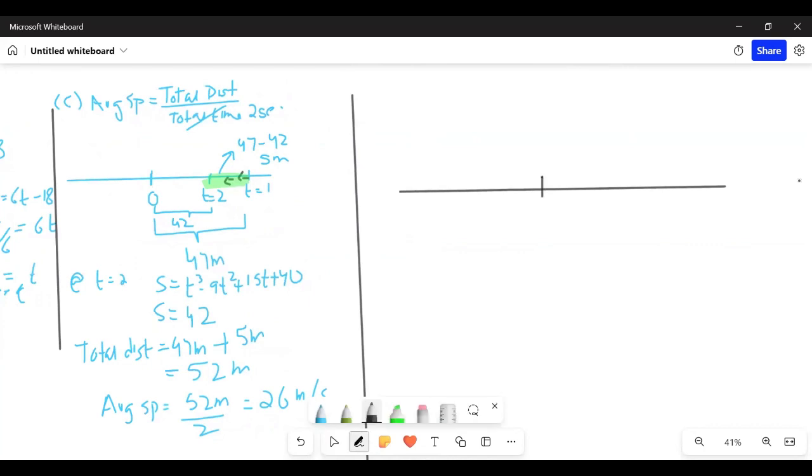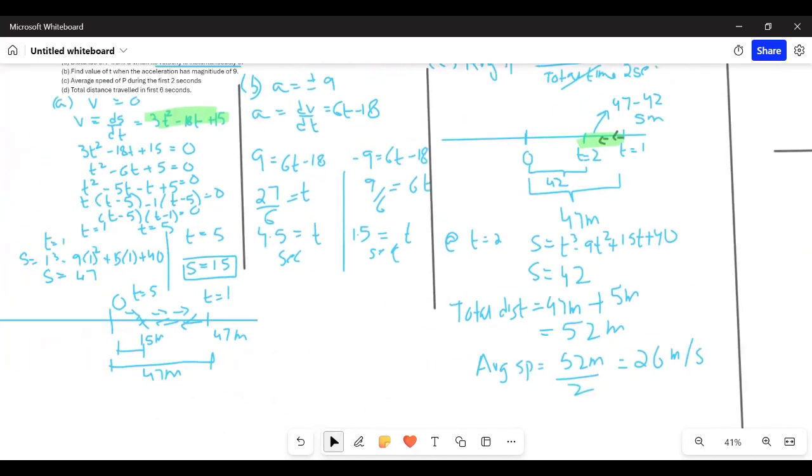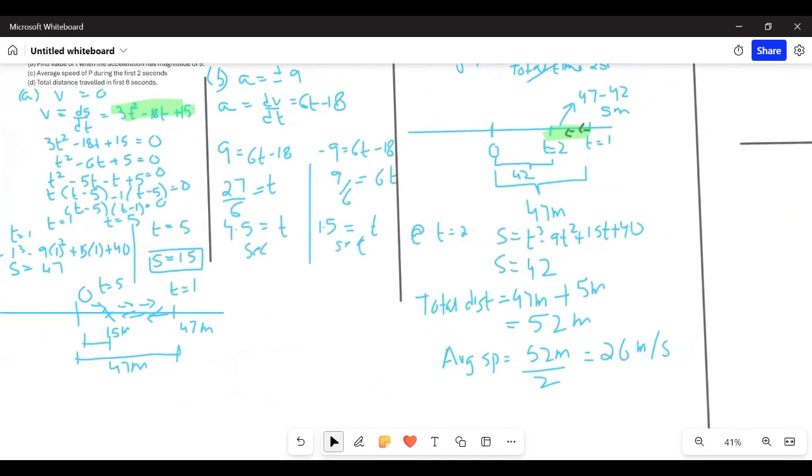So let's go back to the start. First, the object is at a point O. The first instantaneous rest is at t equals 1 and then at t equals 5. And we had calculated the displacements at these times as well, 47 and 15.